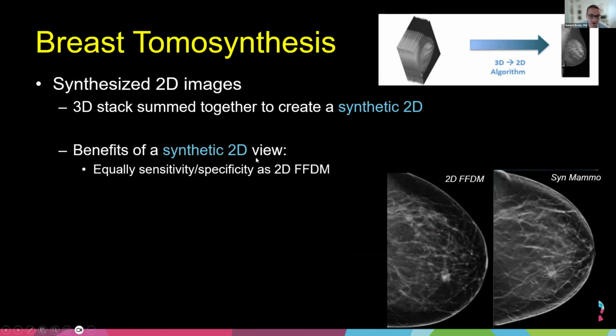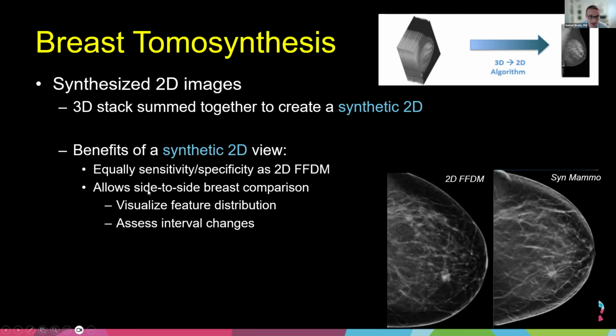These synthetic 2D images have been shown in research to be fairly similar in sensitivity and specificity in disease detection to traditional 2D FFDM. So like I said, they give you all the same features of distribution, interval changes, being able to do side-to-side comparisons.